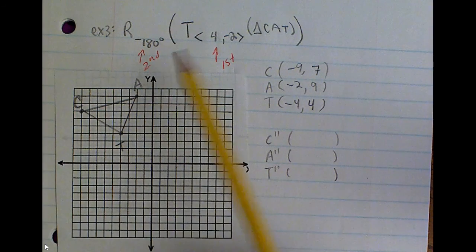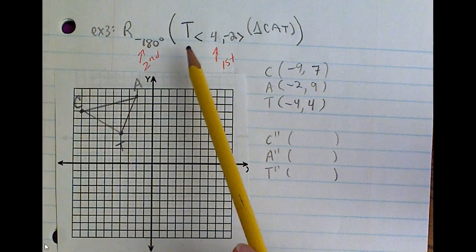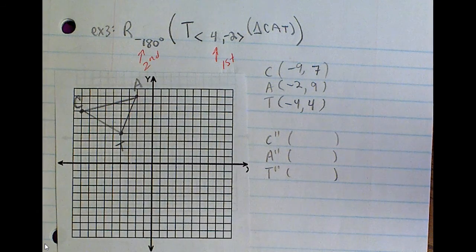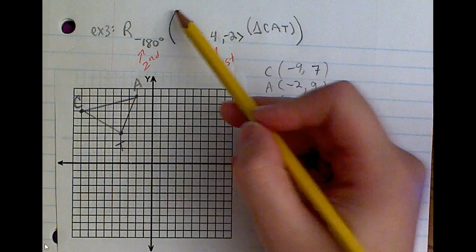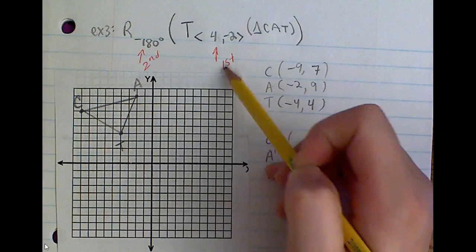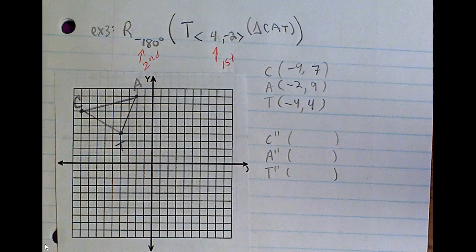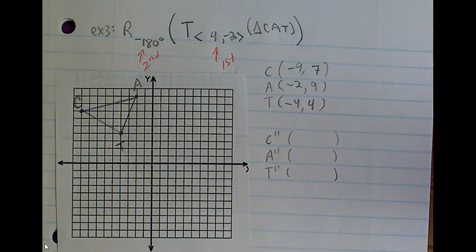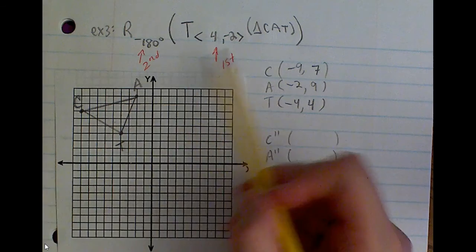So just a quick reminder, when you have two transformations, you either look for that little circle and start with the one after the circle, or if it gives you parentheses, go to the one inside the parentheses first. So first off, we're going to translate this triangle using this vector.